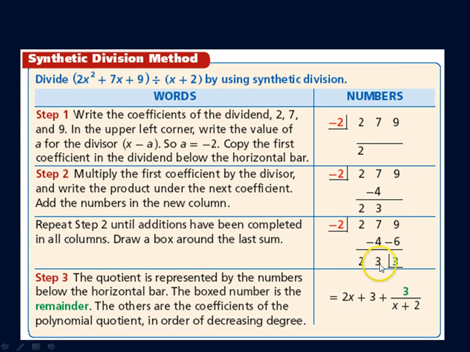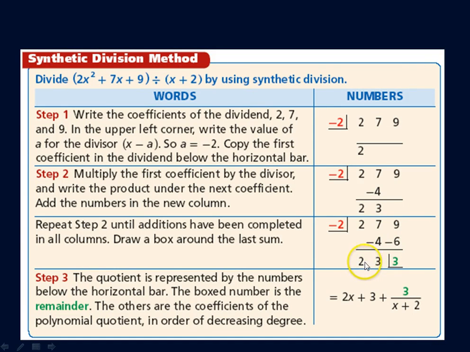Now what do the 2 and 3 mean? Those are our coefficients for our polynomial. What you need to know is that this 3 would be times x to the 0 power, which is just 1.